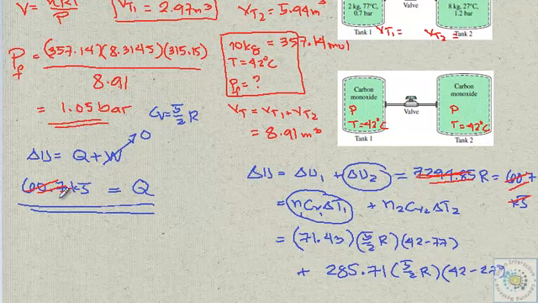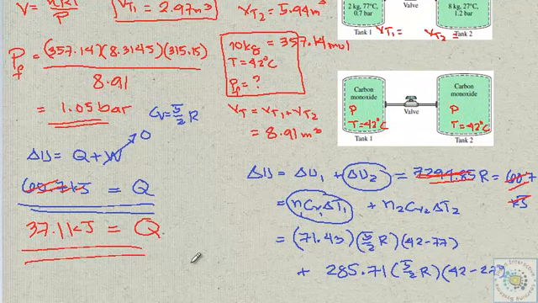You're supposed to be getting 37.1 kilojoule instead. So it's just a mistake in the implementation of these numbers in the calculator. I made a mistake there, but essentially, this is the answer. Thank you.